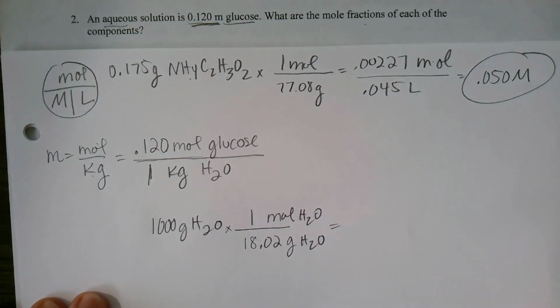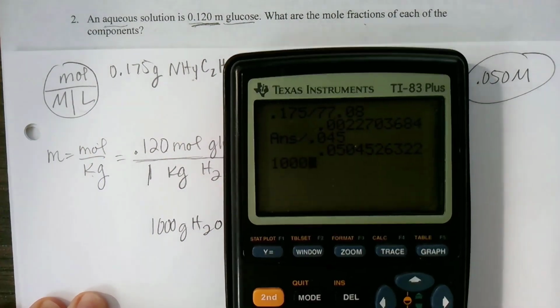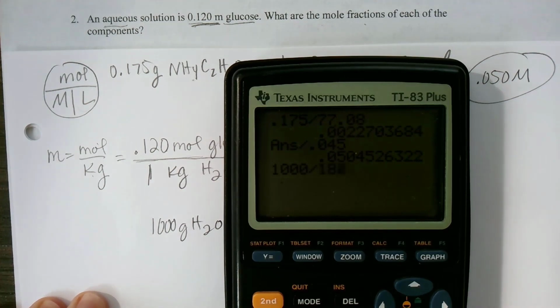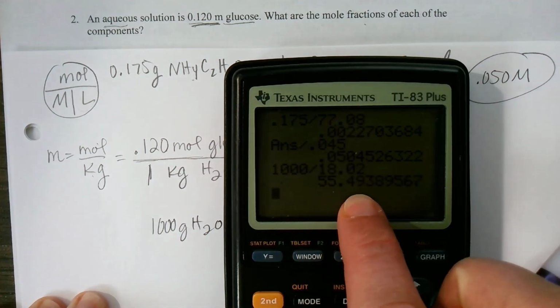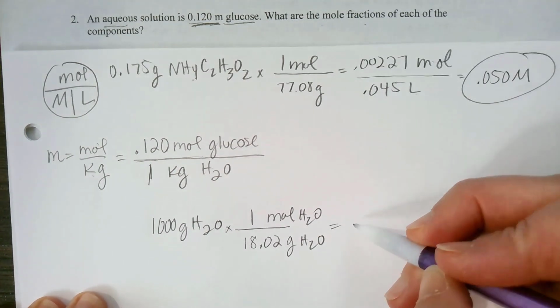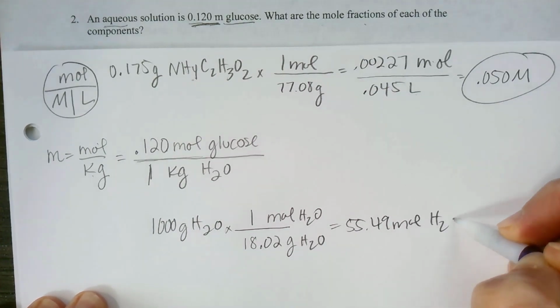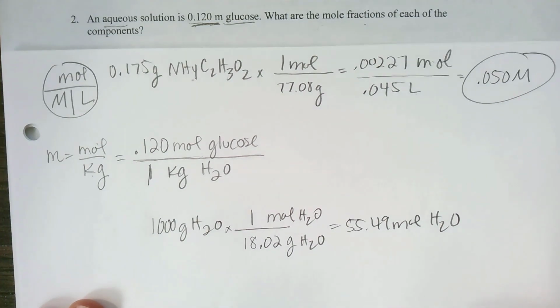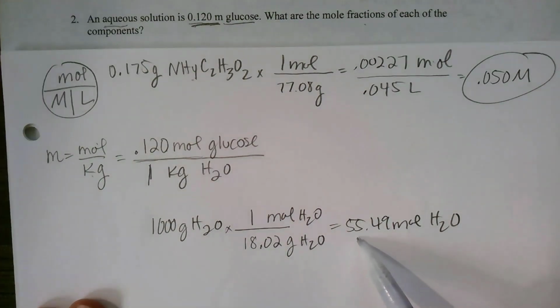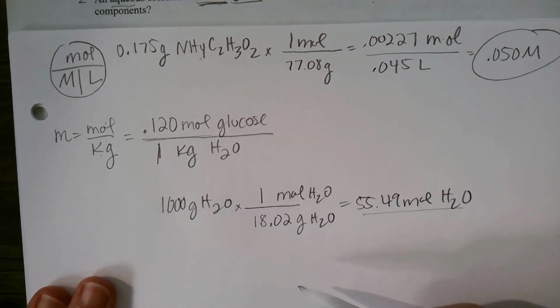So let's do 1,000 divided by 18.02. And I get 55.49 moles of water. Okay, so now I know moles of water. I know moles of glucose. Now we can do our mole fractions.